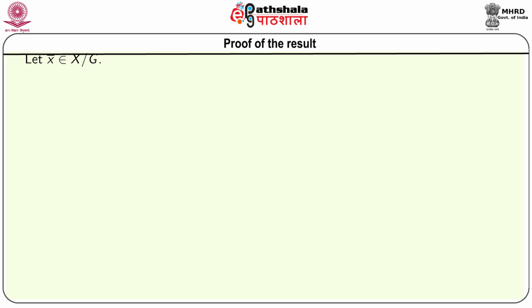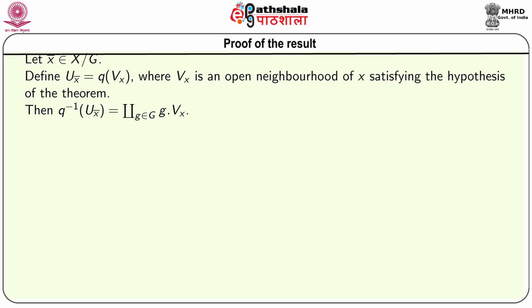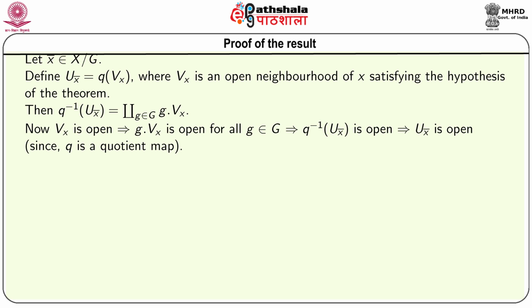To prove this result, we start with a point x bar from X by G. Then U x bar is equal to Q of Vx, where Vx is an open neighborhood of x satisfying the hypothesis of the theorem. Then Q inverse of U x bar is the disjoint union of g dot Vx, where g varies over G. Now, Vx is open implies g dot Vx is open for all g belonging to G, which implies Q inverse of U x bar is open, and thereby U x bar is open.